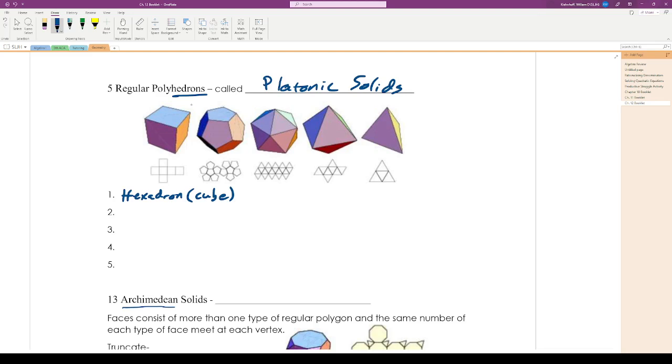So we have 2, 4, 5, 6. Yeah, 6 and 6. So if you remember from polygons, 12 sides is a dodecagon. So this is just called a dodecahedron. This next one is all triangles, and it has 2, 4, 6, 8, 10, 12, 14, 16, 18, 20 sides. So this was 6, this was 12, this one is 20. We call that one an icosahedron.